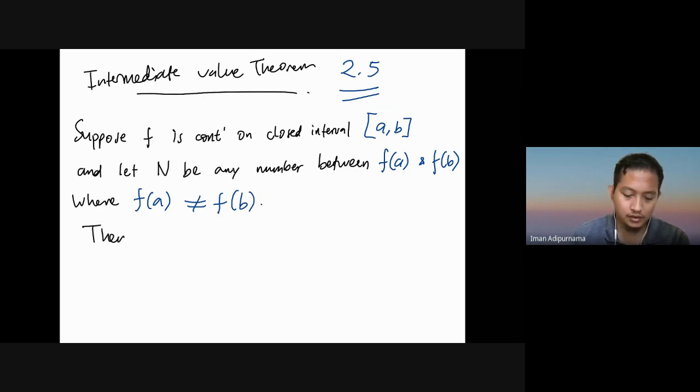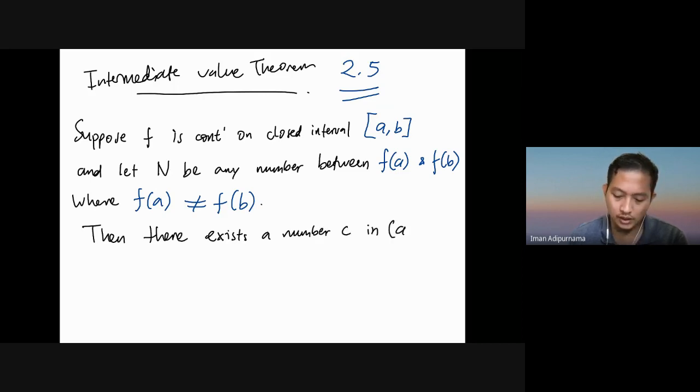Then there exists a number c in (a, b) such that f of c is equal to n.